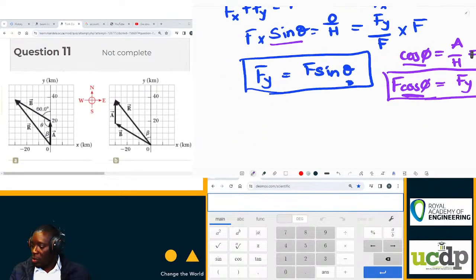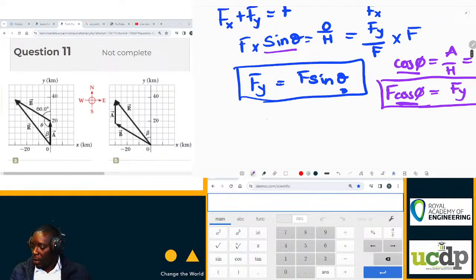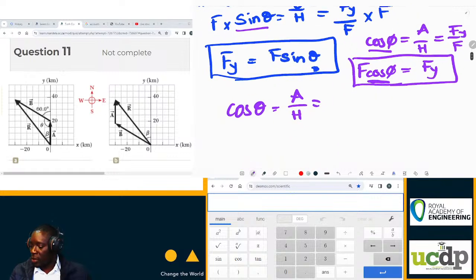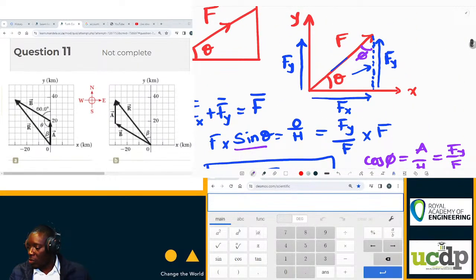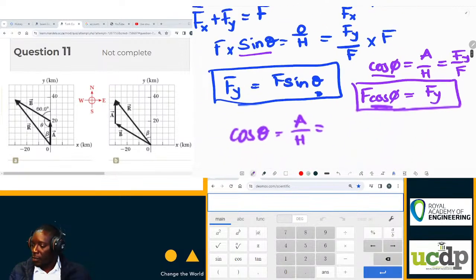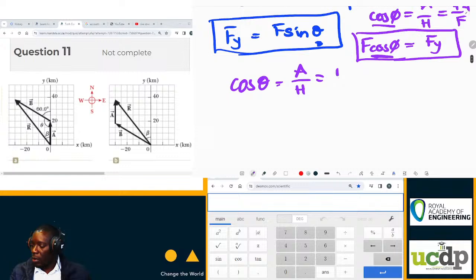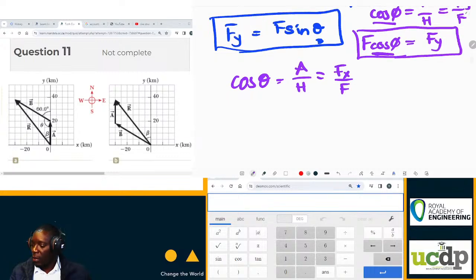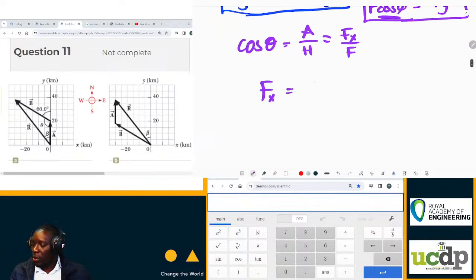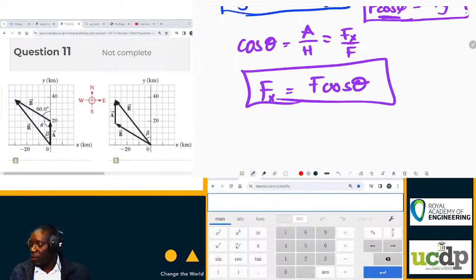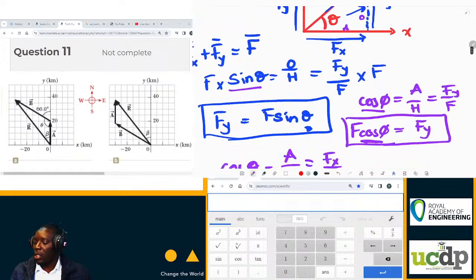Fx. So when we look at the cos theta in this case, we said it's adjacent over hypotenuse, and the adjacent to theta is Fx. So remember, for your triangle, you've got opposite and adjacent. So this is Fx over F, and that means Fx will be F cos theta, which is what you have always known for the component that lies on the x-axis.